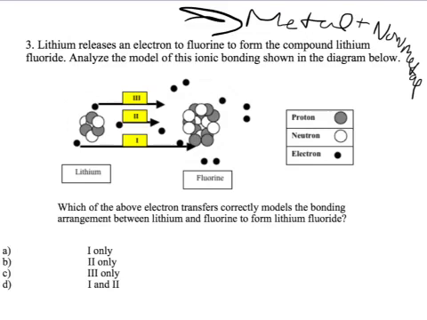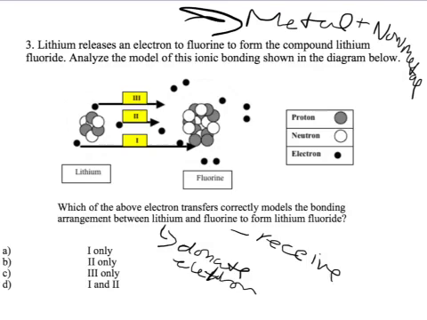Well, lithium is a metal, so it's going to donate the electron, and fluorine is going to receive it. Okay? So 1 is showing the electron transferring from lithium, which is good. So that's good so far.